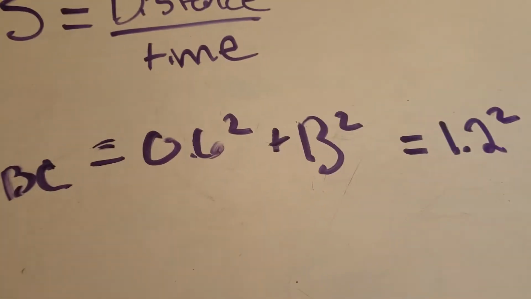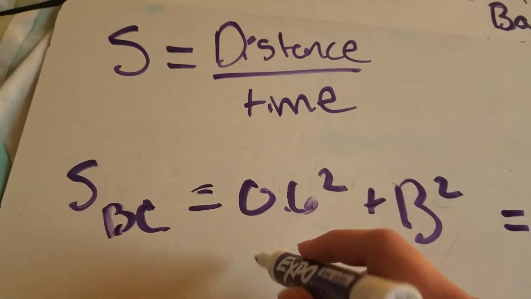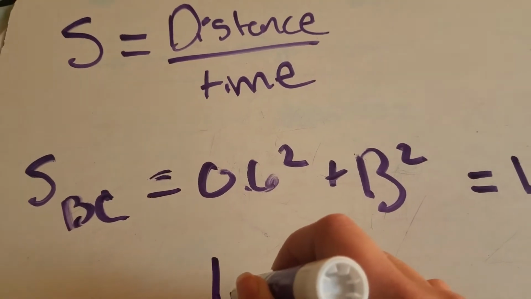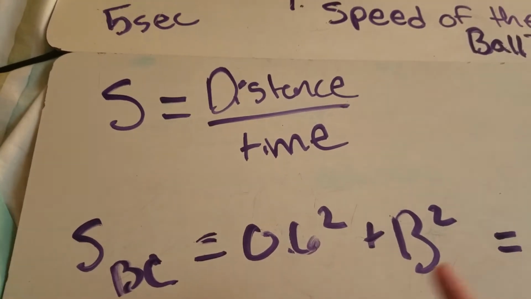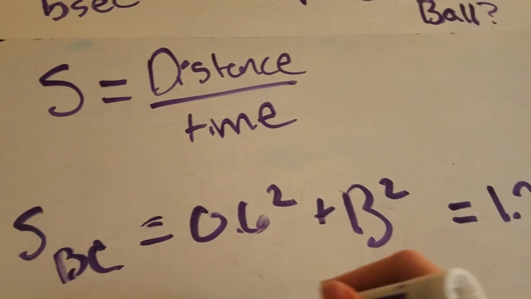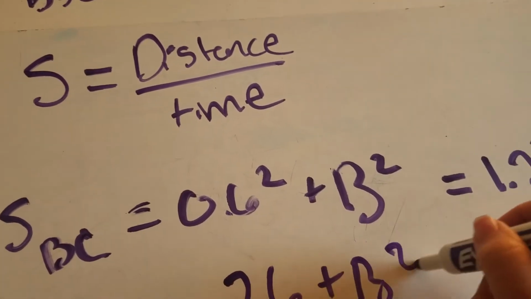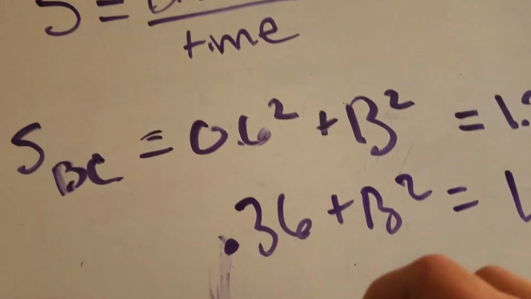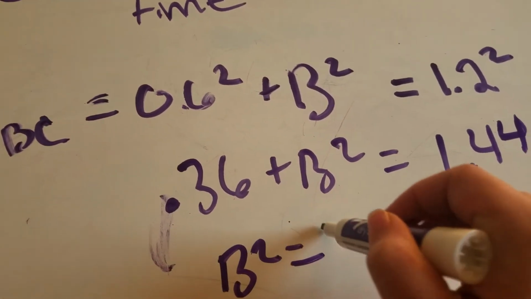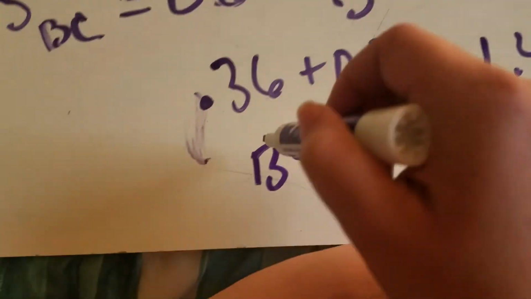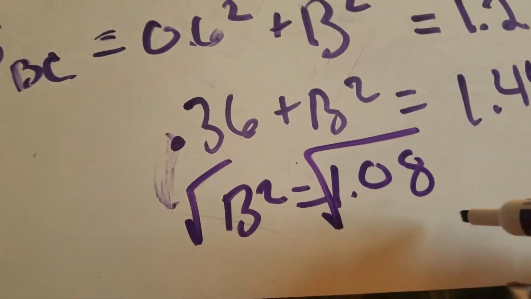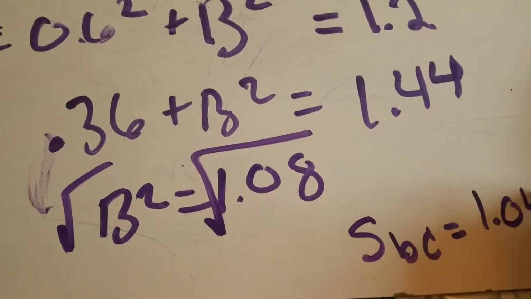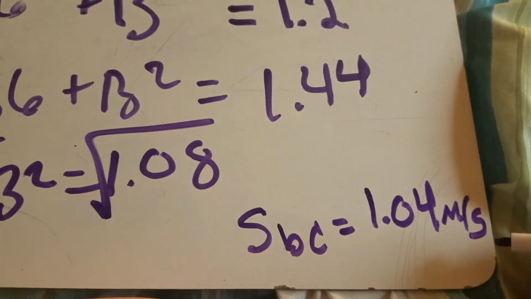And that's going to, once we do all the math, lead us to, I have this set up differently. 0.36 plus b squared equals 1.44. Subtract that, b squared should equal 1.08. Just square root both sides. And our answer is going to be speed of BC is equal to 1.04 meters per second.